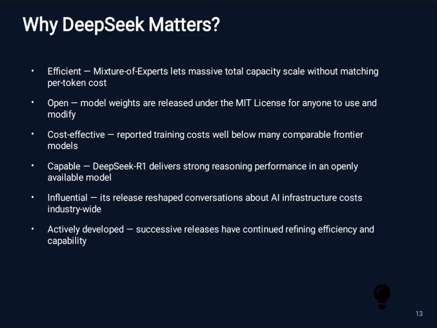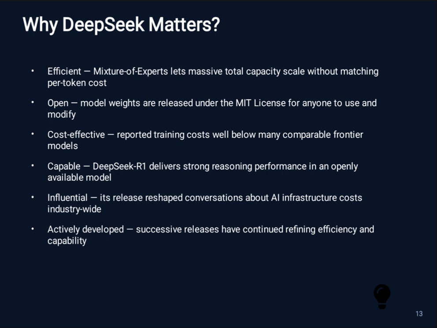Why DeepSeek matters. Efficient: mixture of experts lets massive total capacity scale without matching per token cost. Open: model weights are released under the MIT license for anyone to use and modify. Cost effective: reported training costs well below many comparable frontier models.